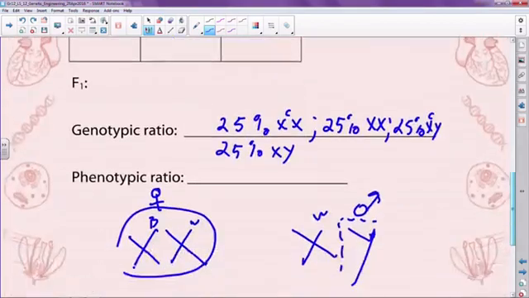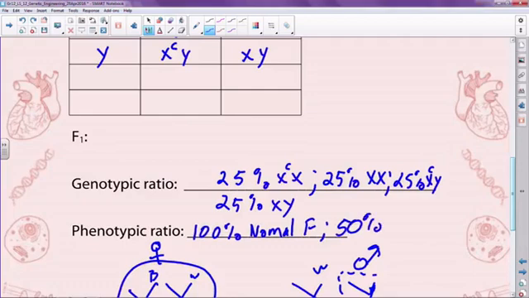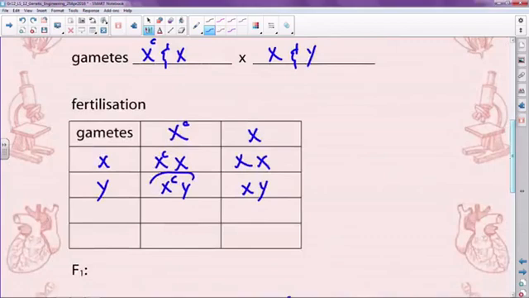And that means you're going to have 100% normal female, and you can have 50% normal male. Because look, as soon as that one happens, becomes colorblind. So can you see how it works? It was quite cool, hey?